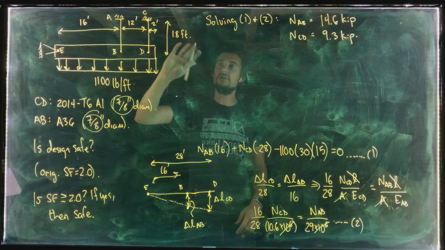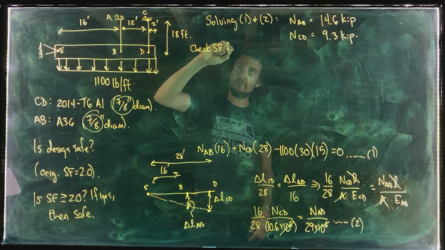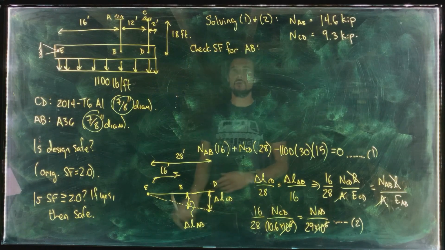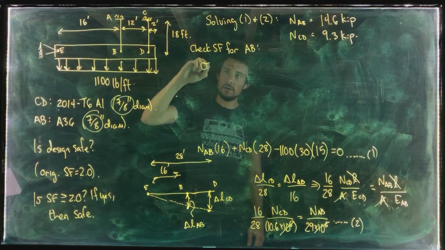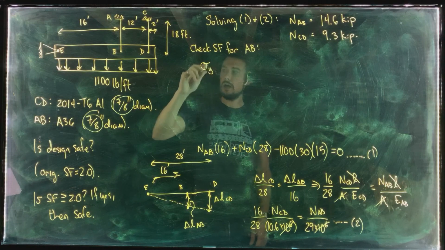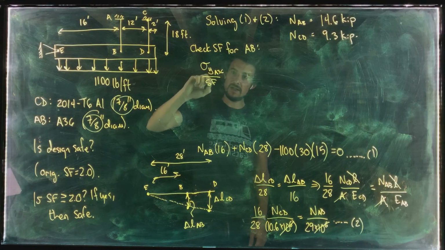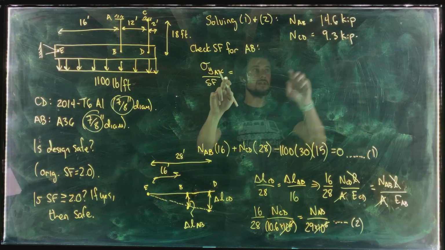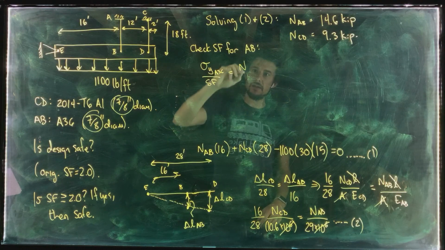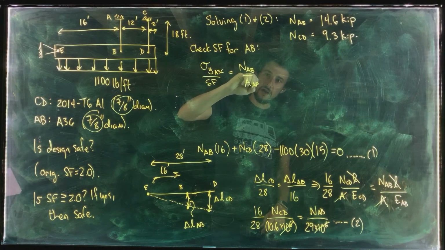So now we need to check our safety factor for cable AB. What we're doing again is equating the yield strength for the A36 steel divided by the safety factor, which we're looking for, to the stress that's actually present in the cable, which is given by the normal force divided by the cross-sectional area.